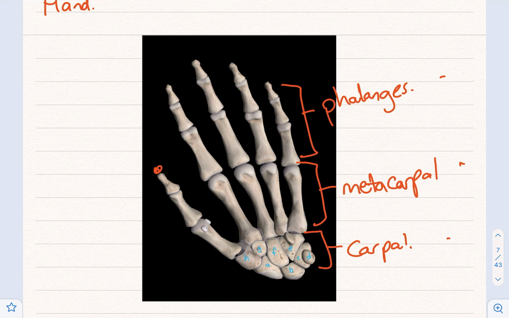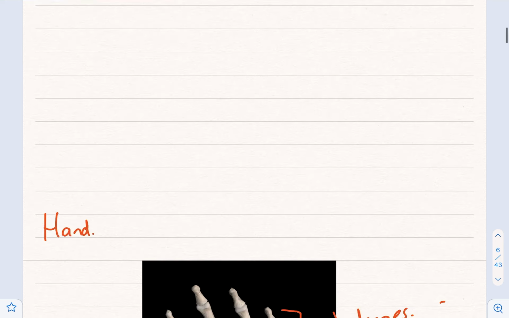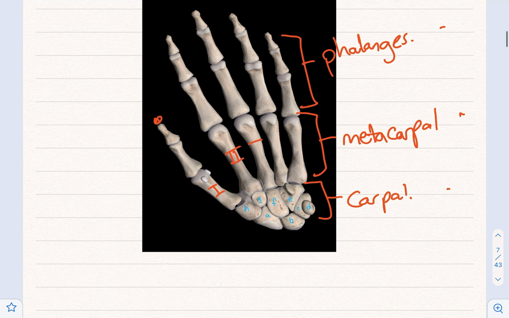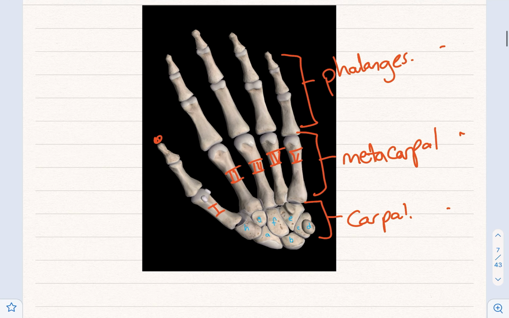When counting your fingers, your thumb is the first one, your index finger is the second one, your middle finger is the third one, your ring finger is the fourth one, and your pinky is the fifth one. So you always start counting that way.